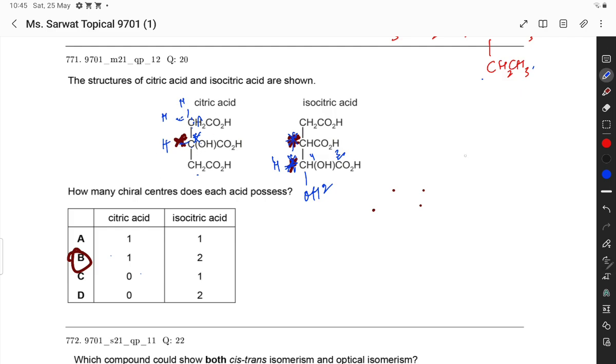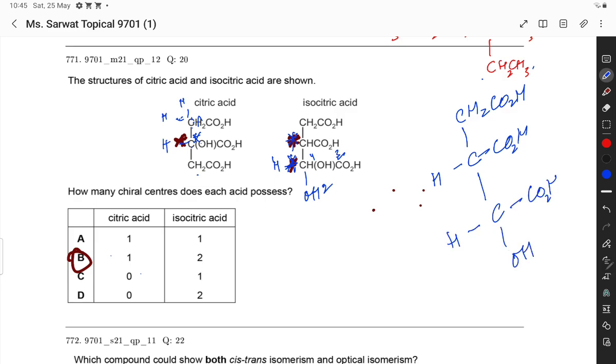So if we see this compound, CH, CO2H, and this is another CO2H, and this carbon is also chiral because hydrogen is over here, OH over here, and CO2H. So this is chiral for this compound, and this is CH2, CO2H.